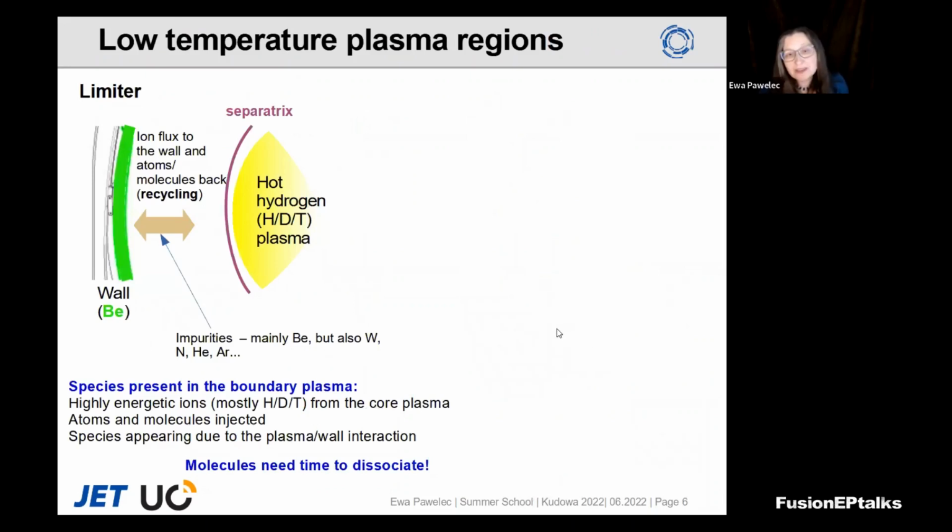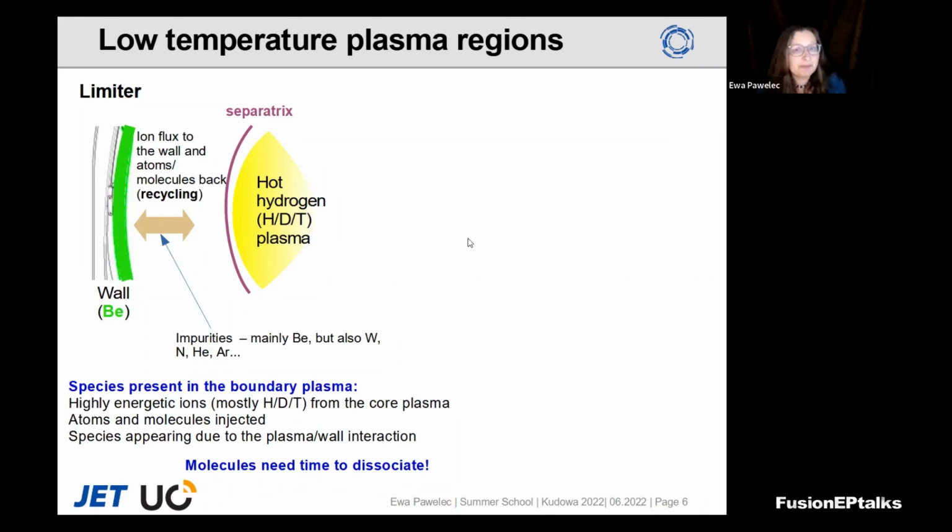In the low temperature plasma region there are two regions which are slightly different. There are limiters and all the other walls around the plasma, where we have a separatrix and we have the ion flux to the wall through the separatrix, because of course the separatrix is a boundary but not impervious. So there is an ion flux and atoms are going to the wall and molecules are created and getting back. And also we have here many impurities, mainly beryllium in the JET case.